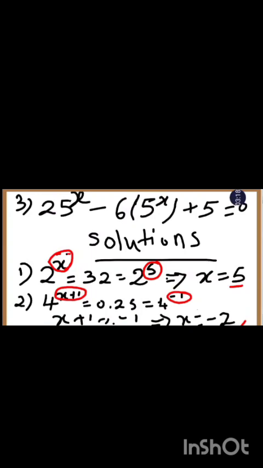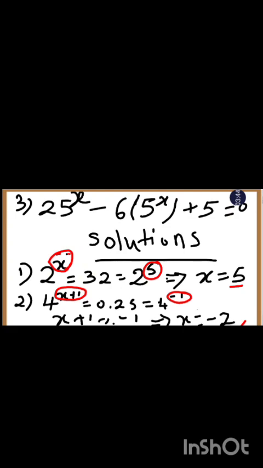Like in the first case here, 2 raised to the power x equal to 32, we have to see how to write 32 in terms of base 2. So 32 can be written as 2 raised to the power 5. And the bases are the same, 2 and 2, so the powers will be the same.